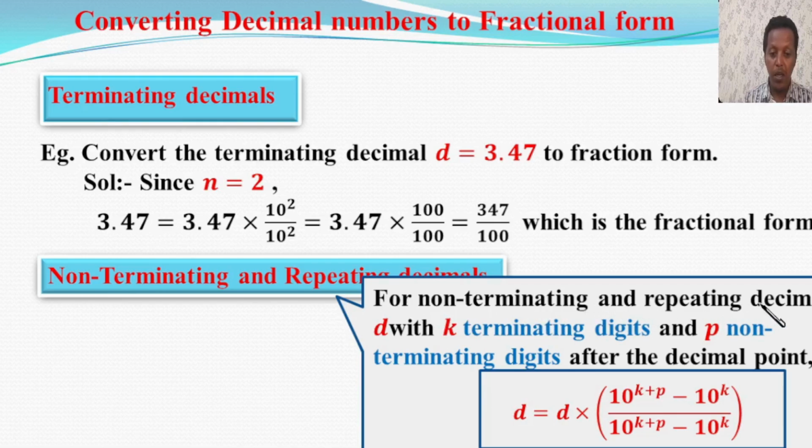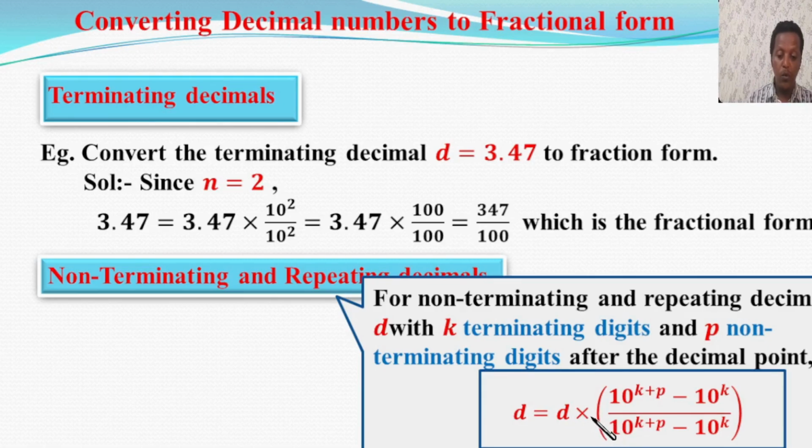For a non-terminating and repeating decimal d with k terminating digits, k being the number of terminating digits after the decimal point, and p non-terminating digits after the decimal point, you multiply the given decimal d by what? 10 to the power of k plus p minus 10 to the power of k over 10 to the power of k plus p minus 10 to the power of k. Here also, you are multiplying d by 1. 10 to the power of k plus p minus 10 to the power of k divided by itself is 1. 1 times d is d.